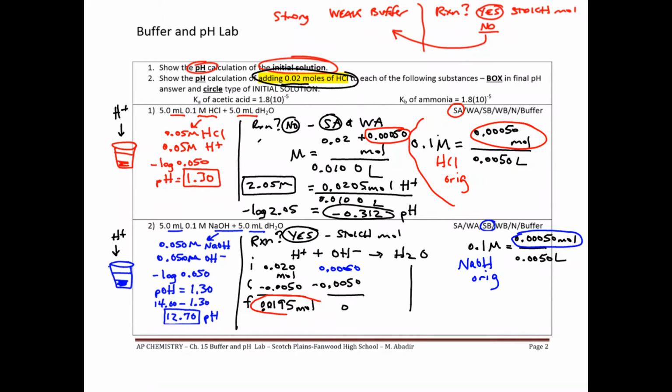Now what we want to do is get the molarity. So what am I left with? I'm left with a strong acid, so I just need moles over liters. That's the same thing I was left with in the past problem, a strong acid. So for strong acid, I do molarity equals moles over liters. My moles is 0.0195. My total volume is 0.010 liters. 0.0195 divided by 0.01 is going to be 1.95 molar.